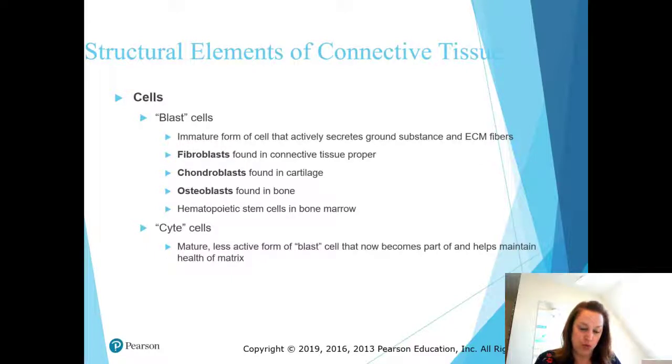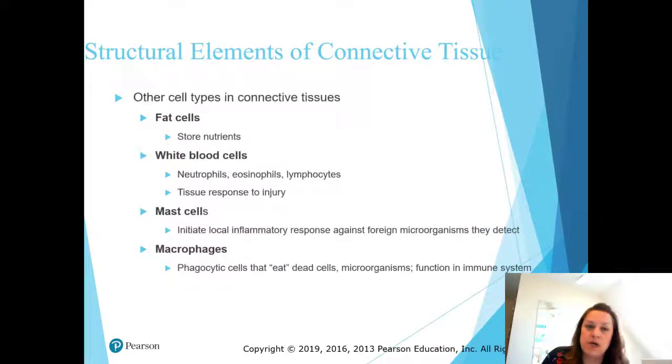So osteoblast is going to secrete the calcified matrix to create bone. The osteocyte is going to live within that matrix and maintain the tissue. All right, so two different types of words. We're going to have fibroblasts, chondroblasts, osteoblasts, and then the cyte versions of each one of those words.